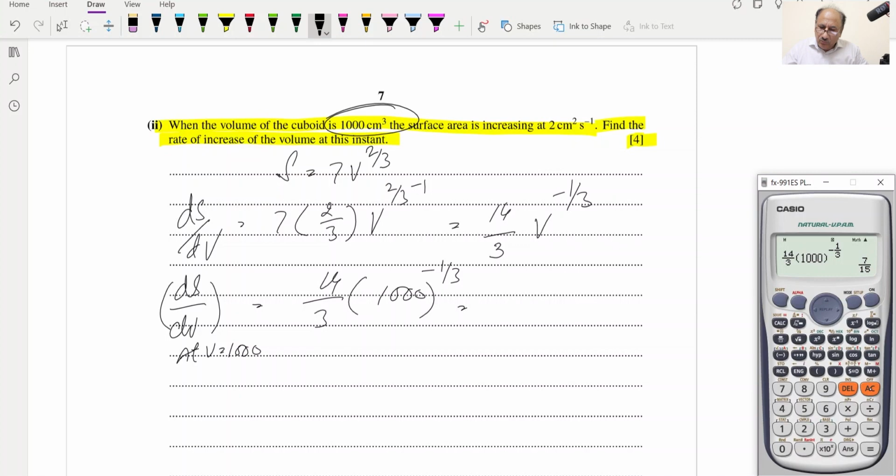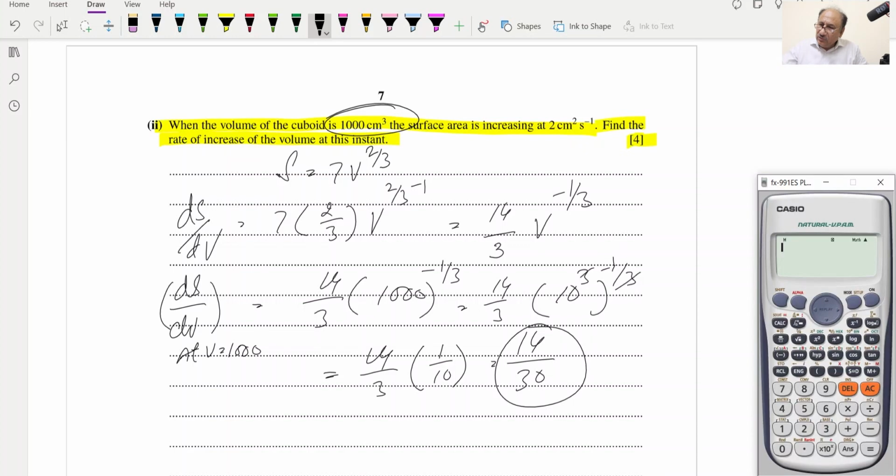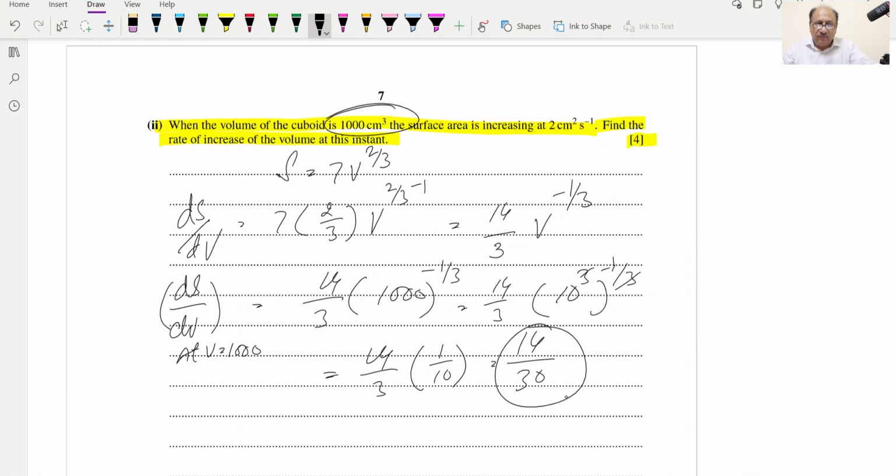Or we can rewrite it as 14 over 3 into 10 raised to 3 whole raised to minus 1 by 3, the 3 will cancel, and this will be 14 over 3 into 10 raised to minus 1, which is 1 over 10, equal to 14 over 30. We can write the answer as 7 over 15, which is the simplified answer, or 14 over 30. This can be our answer.